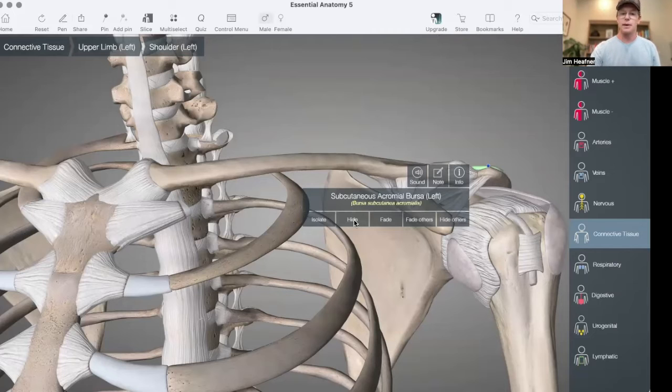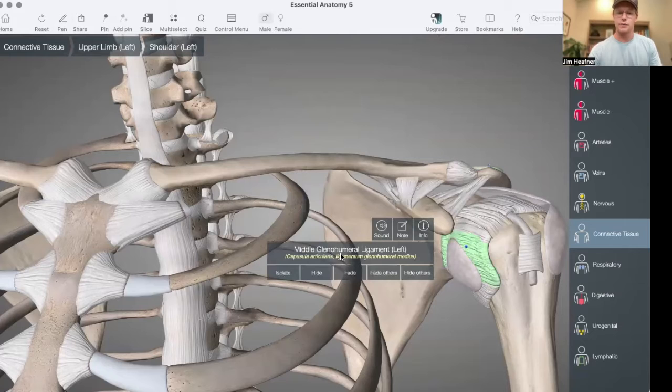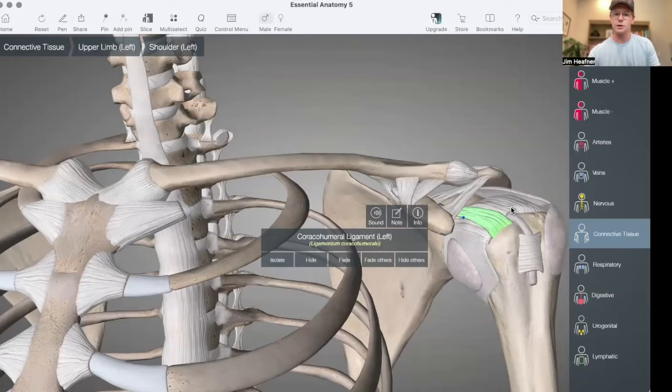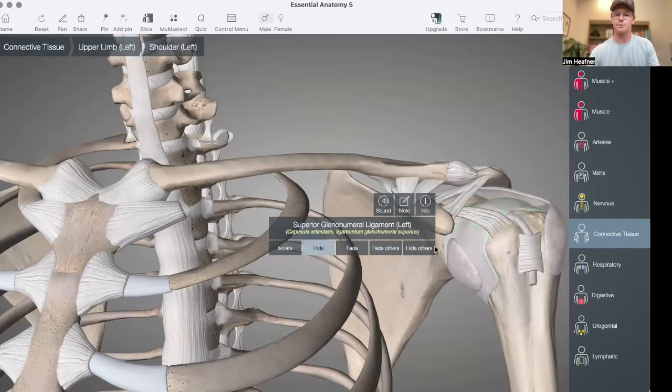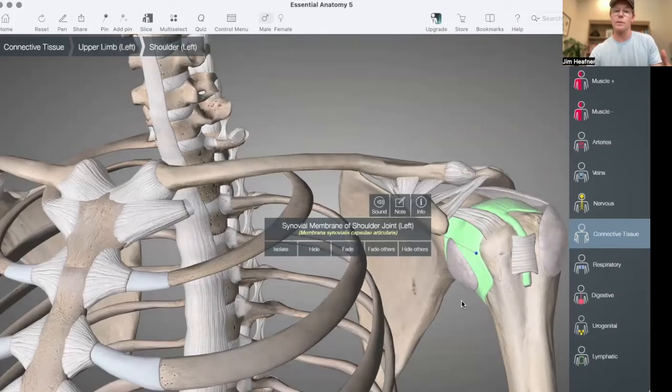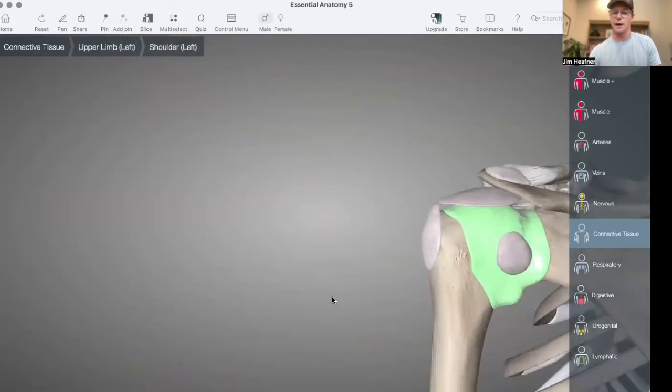So I'm going to peel back some layers here and we're going to see the joint capsule next. So if I hide the middle glenohumeral ligament, the inferior glenohumeral ligament, and the superior glenohumeral ligament, you can see the structure in green is going to be our synovial membrane of the shoulder joint, which is our joint capsule.